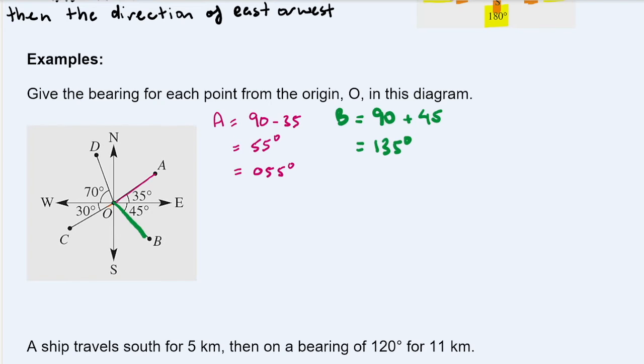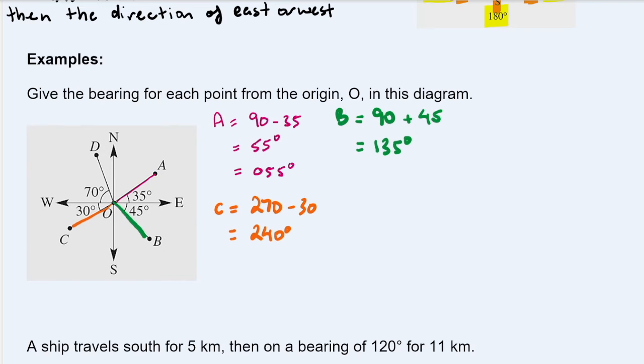Let's look at C. C is 30 degrees from west. Now west, if you're going from north all the way around, you go 90, 180, 270. So this one's going to be 270 minus 30, and that's going to give us 240 degrees. Again, already in 3 digits.